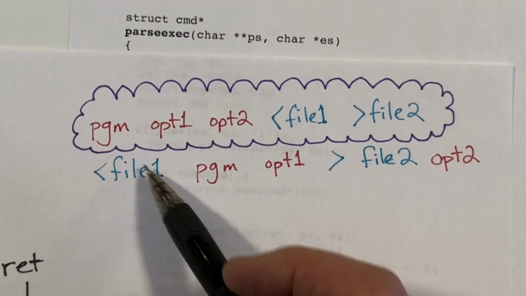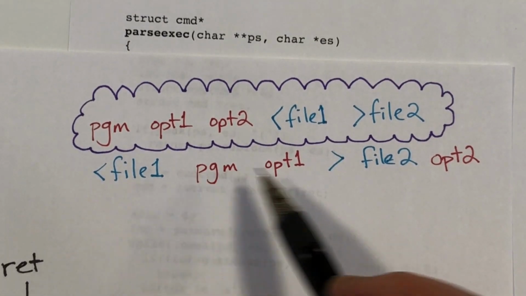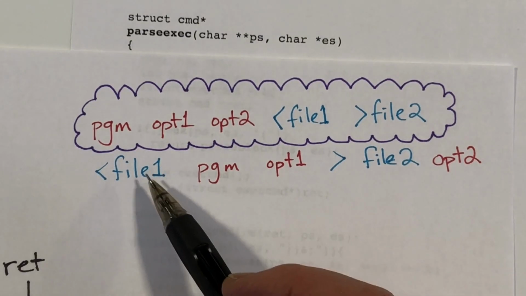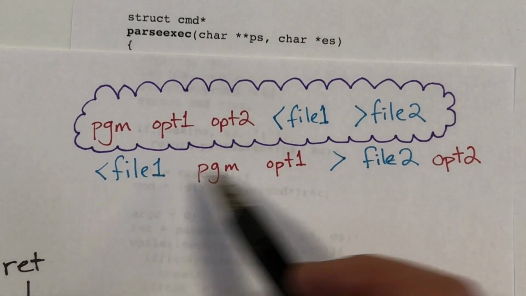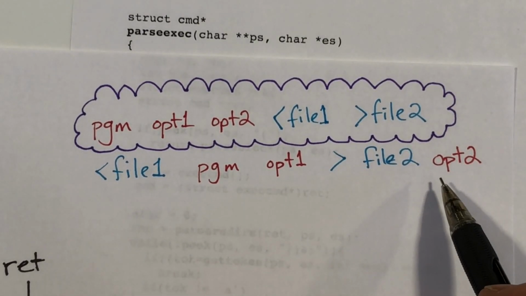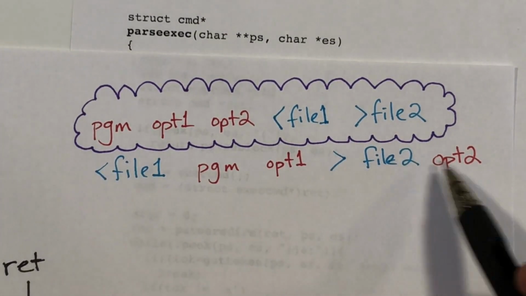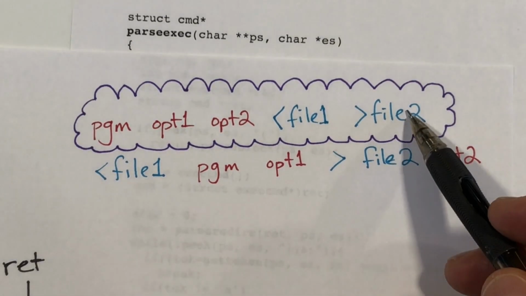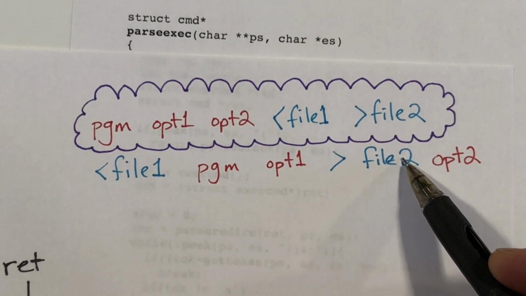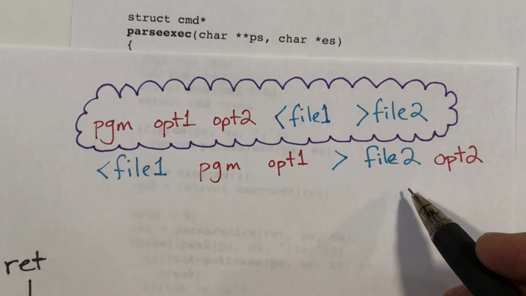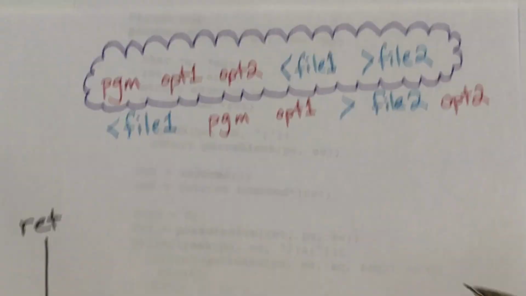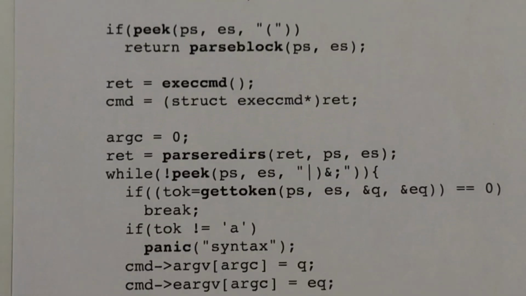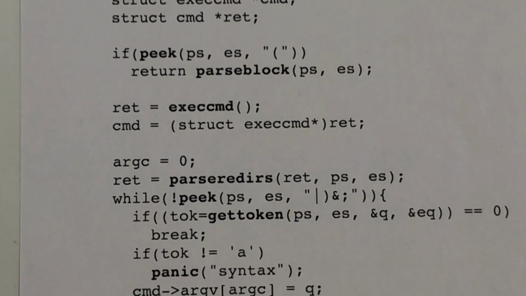But it turns out with this syntax, you can put the redirections anywhere, even before the program name itself, or interspersed with the options. So we'll look at this as an example input here, but either of these would be handled in the same way and would create the same tree.